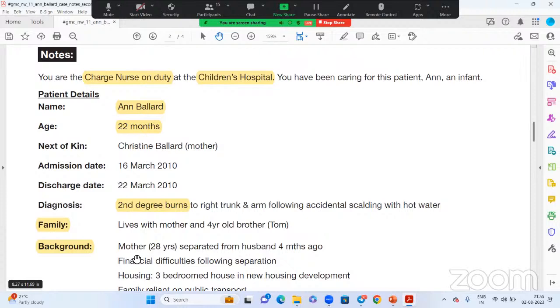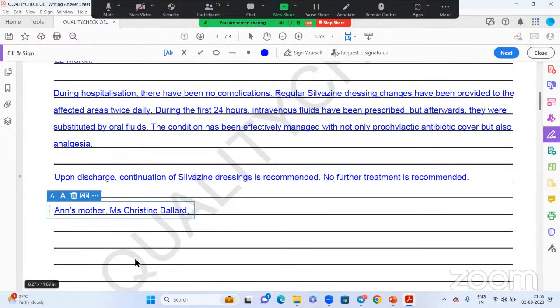Or you can say Anne's parents were separated recently. No need. Mother was separated from husband. Or Anne's parents were separated. We know the name of Christine Ballard, the other person's name we don't know, so just write from her husband. So Anne's mother, Miss Christine Ballard, has been separated.